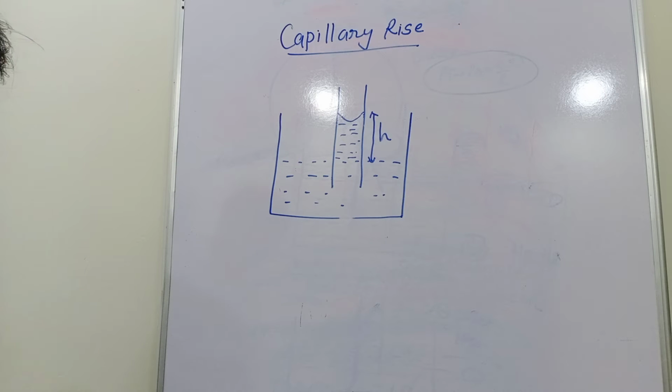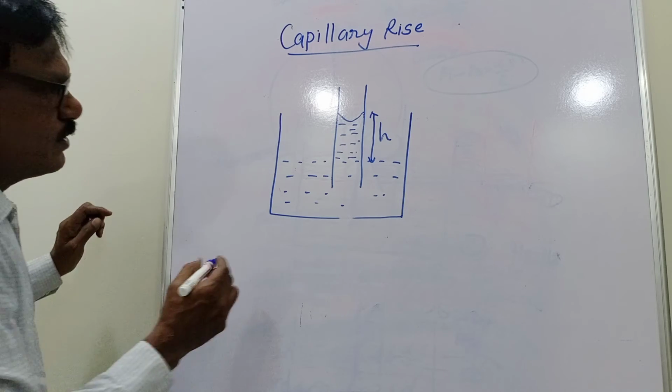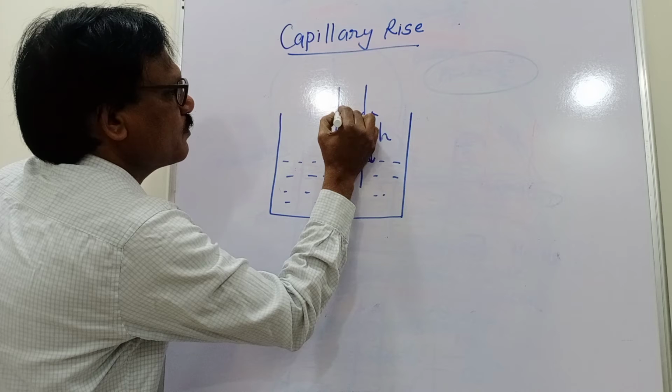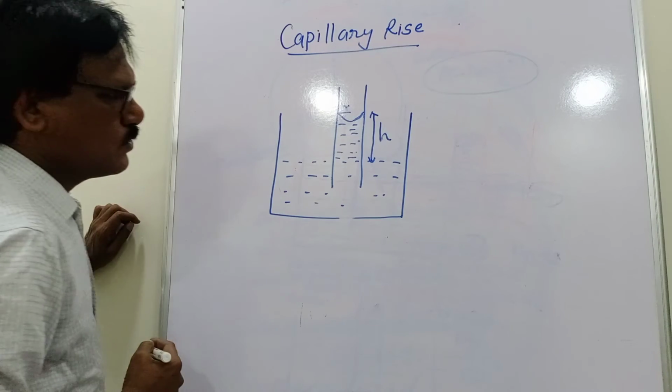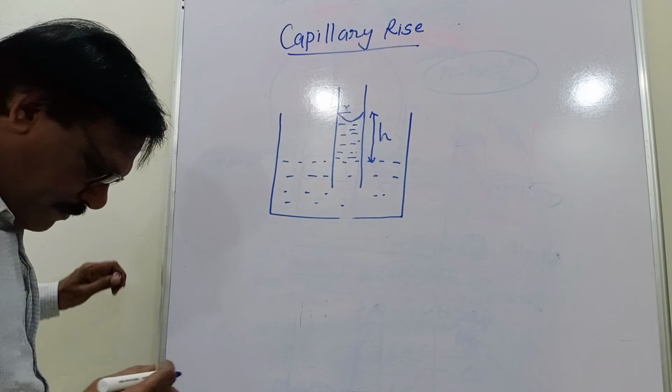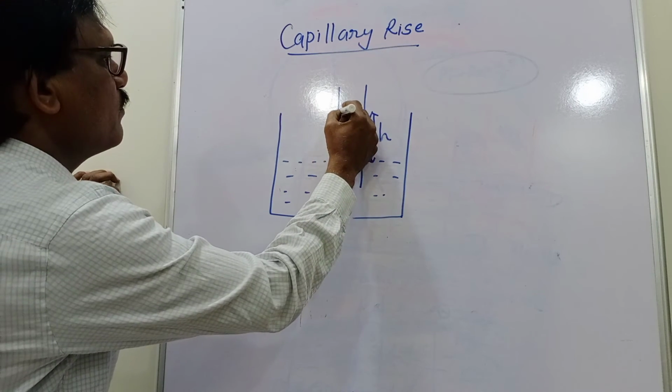Now let us consider a capillary tube of radius, अब कैपिलरी ट्यूब का रेडियस मान लेते हैं, कितना पानी चढ़ेगा. Capillary tube की रेडियस suppose r. So if we consider a capillary tube of radius r, how much water will rise in this? The angle of contact will be here, and this angle of contact will be an acute angle.